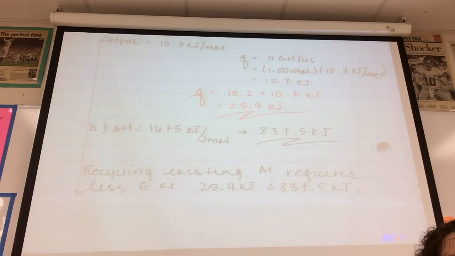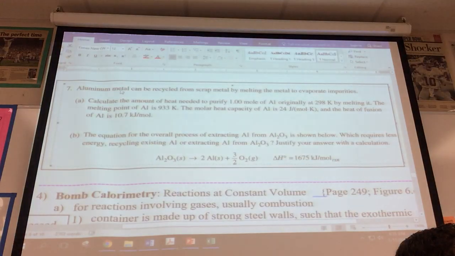How would we know that from A that's recycling? They told you. You just have to read it. Look. Can be recycled from scrap metal. I know, we don't like to read. Aluminum metal can be recycled, or you can extract it.